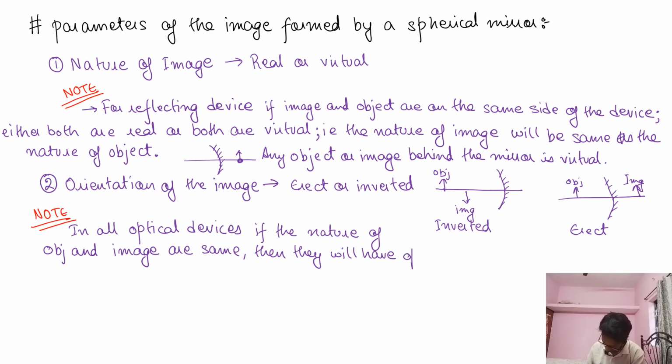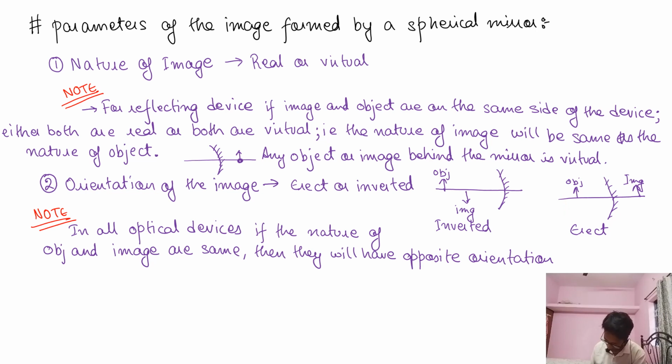That means if the object is upward facing, the image will be downward facing, or if the image is upward facing, the object would be downward facing.